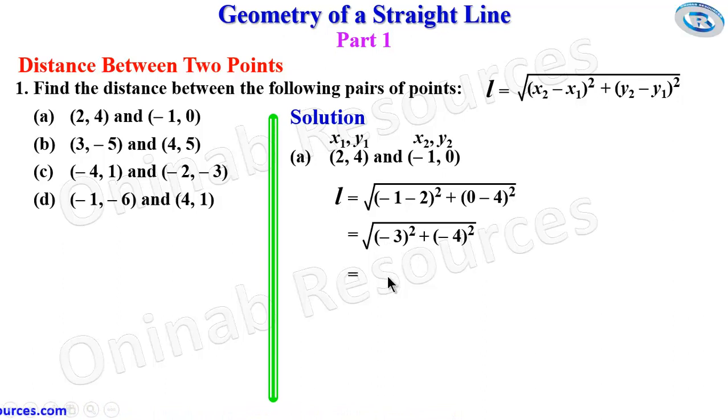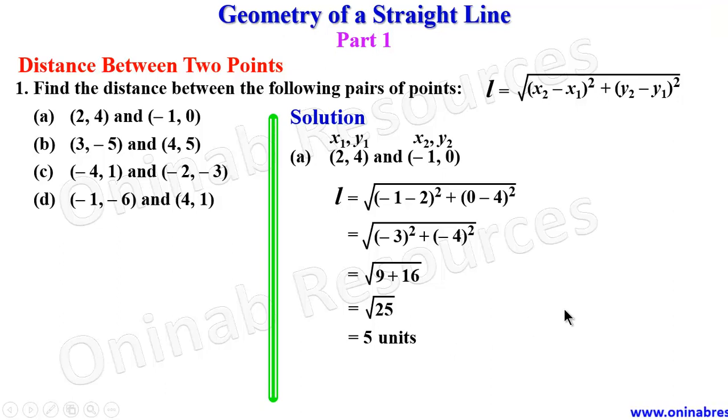This is giving us square root of 9 plus 16, since -3 squared is 9 and -4 squared is 16. 9 plus 16 gives 25, so square root of 25 gives 5 units. So the distance between the points (2, 4) and (-1, 0) is 5 units.